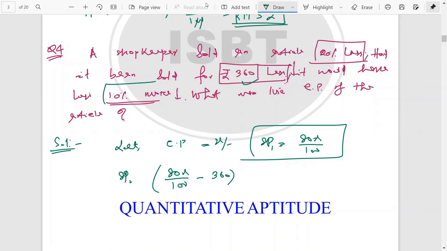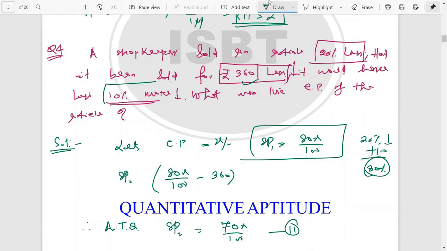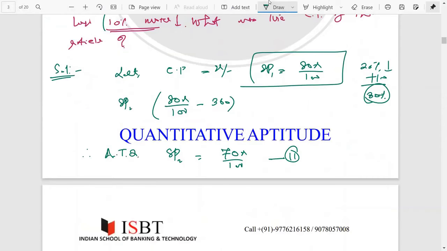What percent loss was it earlier? 20%. Now 10% more loss means plus 10, that means 30% loss. So according to the question, the selling price should be 70x by 100. This is also SP2. So this is equal to this.